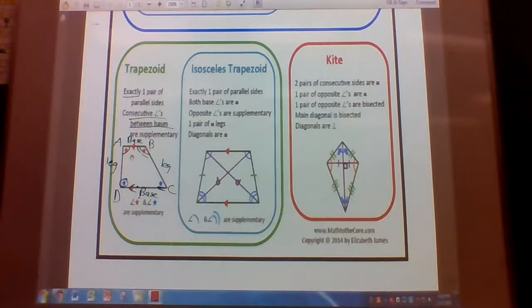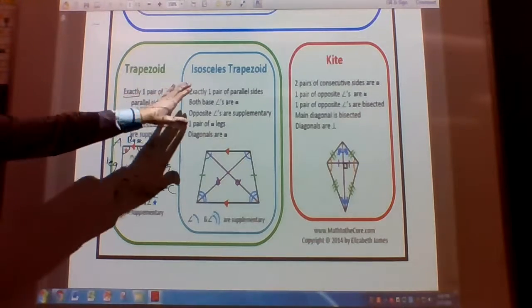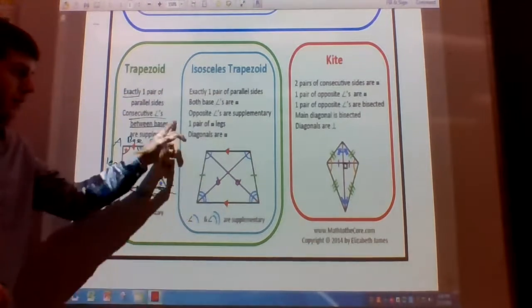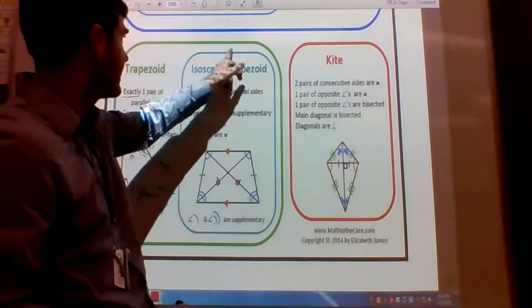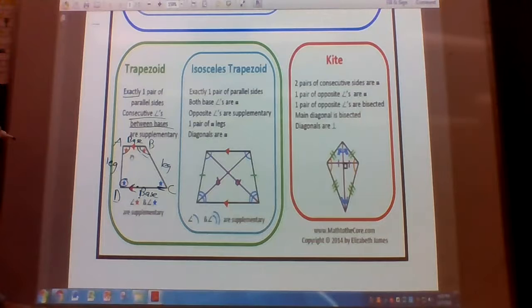The subcategory of trapezoids we have are isosceles trapezoids. Isosceles trapezoids are trapezoids, so these two properties apply to the isosceles trapezoid, because this teal box is within the green box. This is a Venn diagram. But our isosceles trapezoid has a bunch of additional properties.